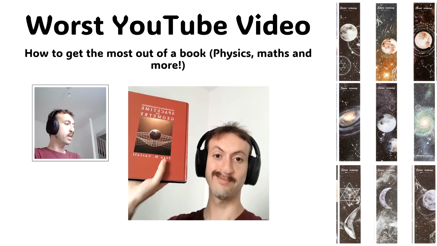So I'll be talking about physics and maths books to start off with, and then I'll be talking about more recreational books, and really I'm going to be talking about how to use them interactively to get the most out of them, because both when it comes to recreation but also more educational books, the way to get the most out of the book is to be interactive with it, and I'll be talking about ways to do that.